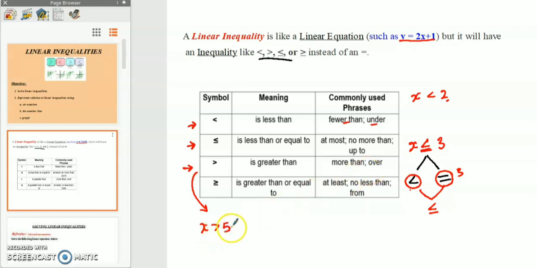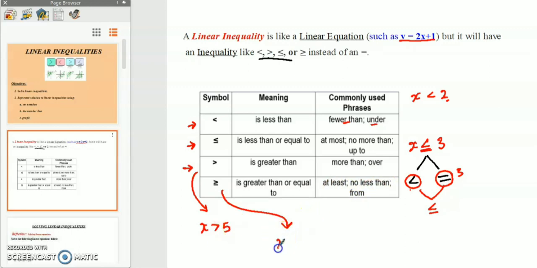So x greater than 5 are the values of x that are greater than 5, not inclusive of 5. And for this portion now where we have greater than or equal to, as it reads here, this means at least, no less than, or from.